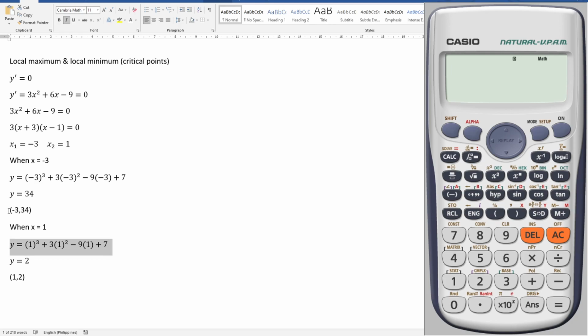Therefore, the critical points are at negative 3, 34, and 1, 2.